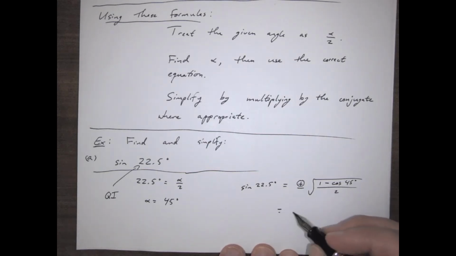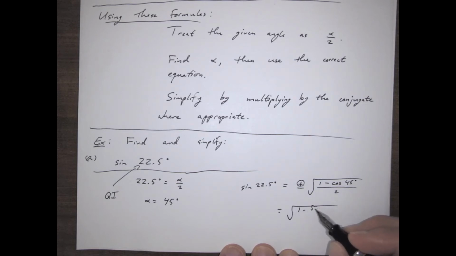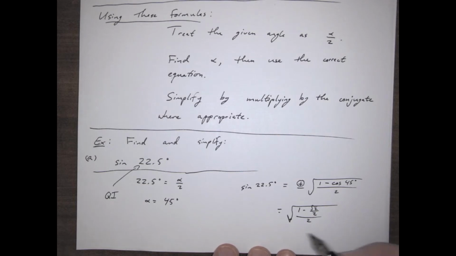And so then that's equal to positive square root of 1 minus root 2 over 2, all over 2. And then what we'll want to do here is multiply the entire top and the entire bottom by 2 inside the square root.